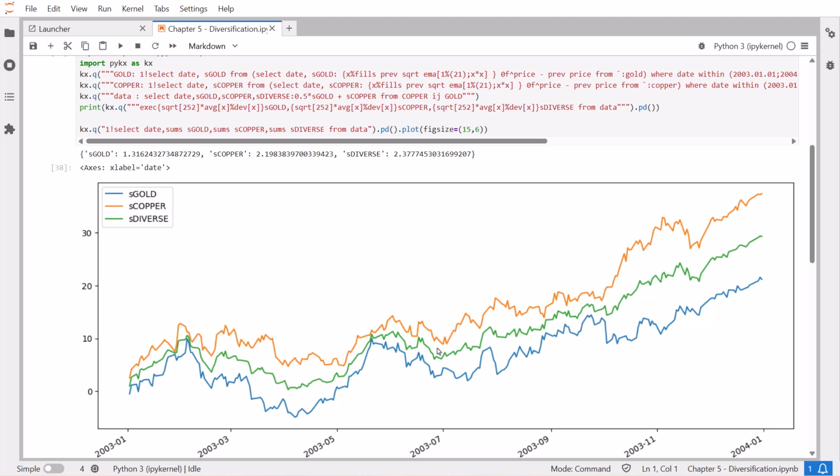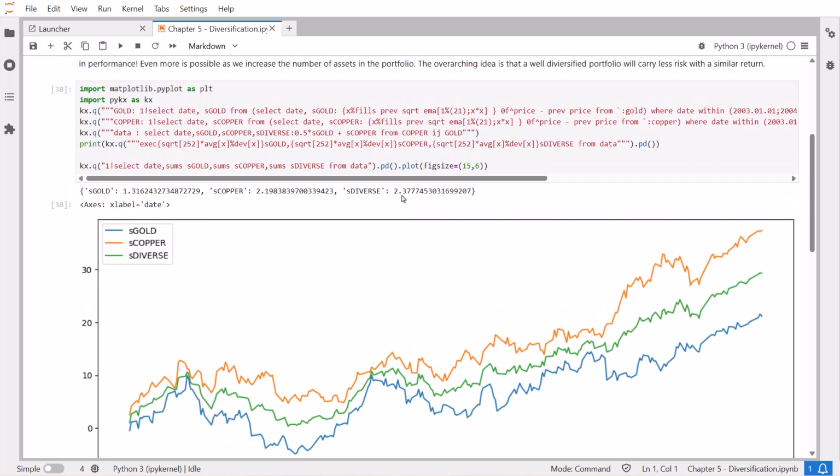The reason this strategy is better is because the Sharpe ratio is greater. So even though the strategy doesn't return as much, it makes a lower return than the copper, but it does so with a much lower risk. So this Sharpe ratio is maximized for the green strategy.